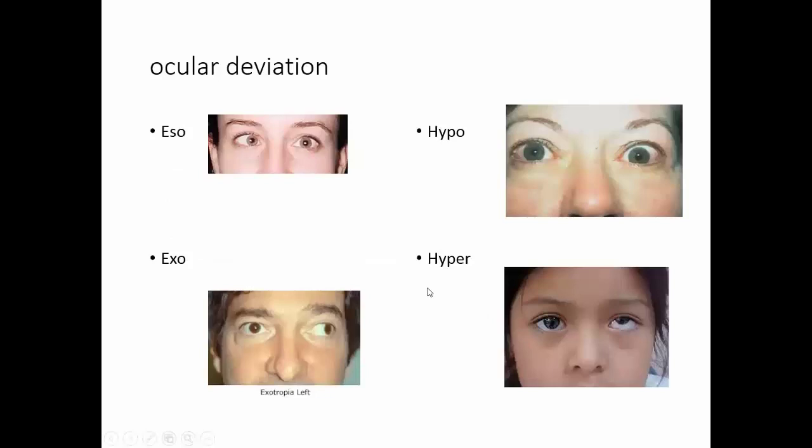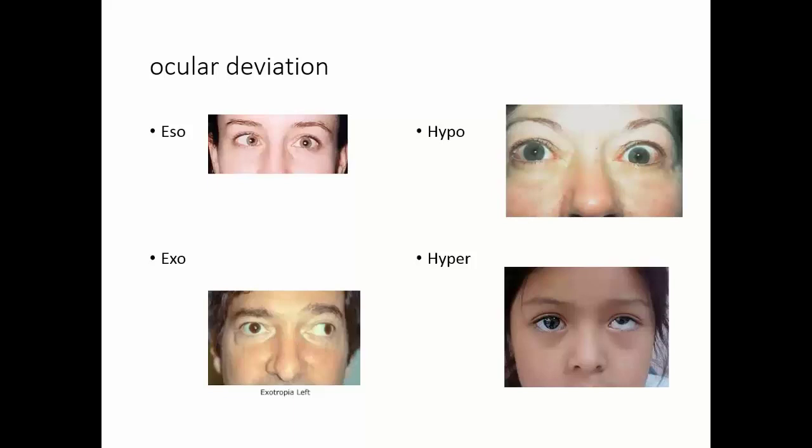This is what I meant by ocular deviation. You can see here the right eye has moved medially. When the patient is looking straight, the right eye is looking medially, while the left eye is looking straight. This is called an isodeviation. Then here, in the picture below, you can see this person's left eye is looking laterally, whereas the right is looking straight.